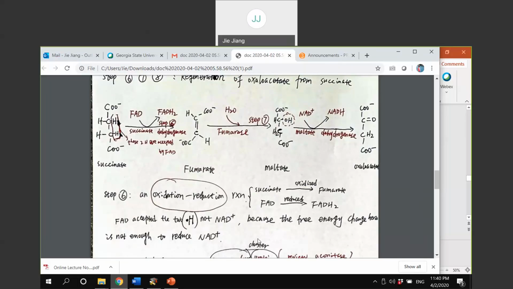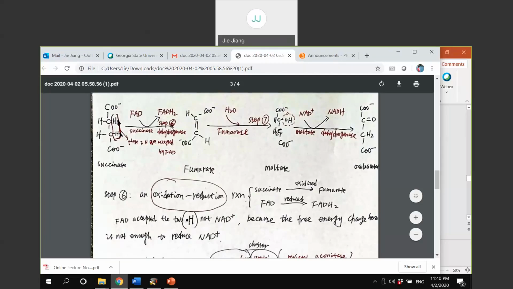The reason is that the free energy change is not enough to reduce NAD+. In order to reduce NAD+, you need more energy change. However, this reaction doesn't have that much. So you can only reduce FAD, which requires less energy.